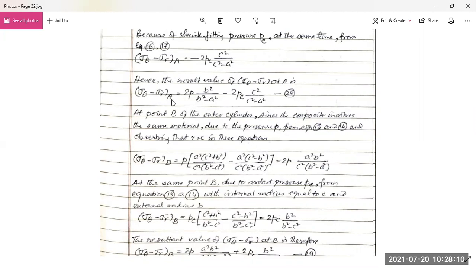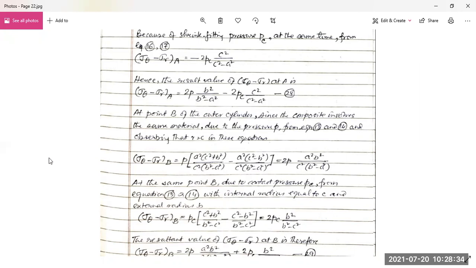At A, it is like this. The resultant vector from C at A, that is 2 minus 2PC square and plus 2PC square and 28. So the resultant will be this plus this minus this.